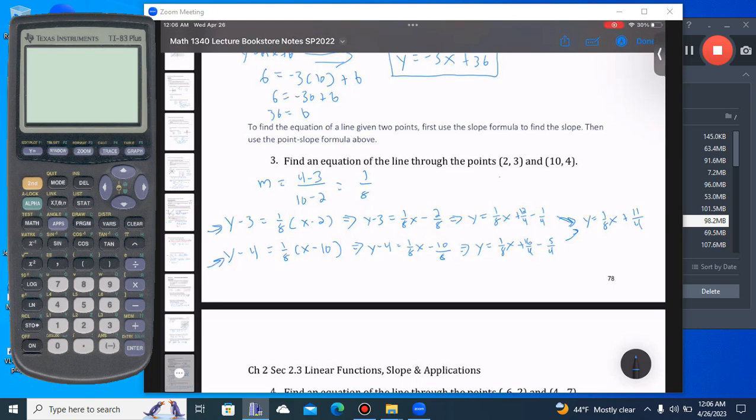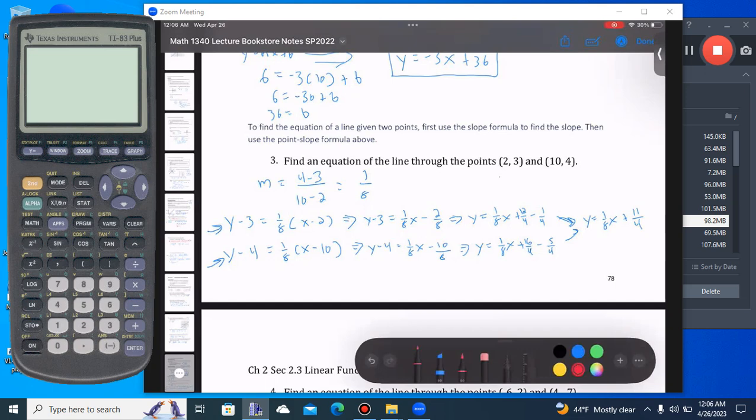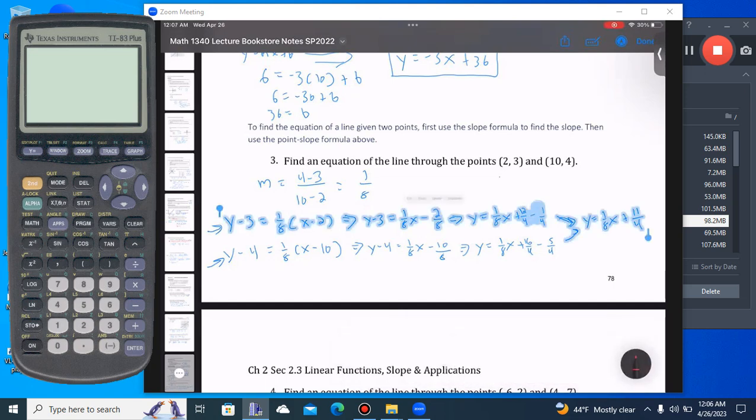And of course, if you decided to just pick one of these points, let's do this other one in red, and do, let's say, 3 equals 1/8 times 2 plus b. This is going to be 3 equals 1/4 plus b.